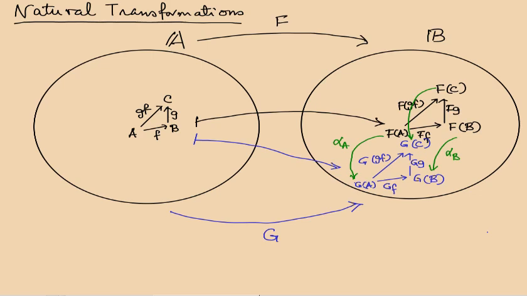But the whole point is much more than that. If it has to really transform, then it also must, in some sense, preserve this change from A to B. This is the change from FA to GA. But A's are also changing to B, and FA's are also changing to FB's. So if it has to be something nice, then the change from A to B, which is done by F, should also be respected.